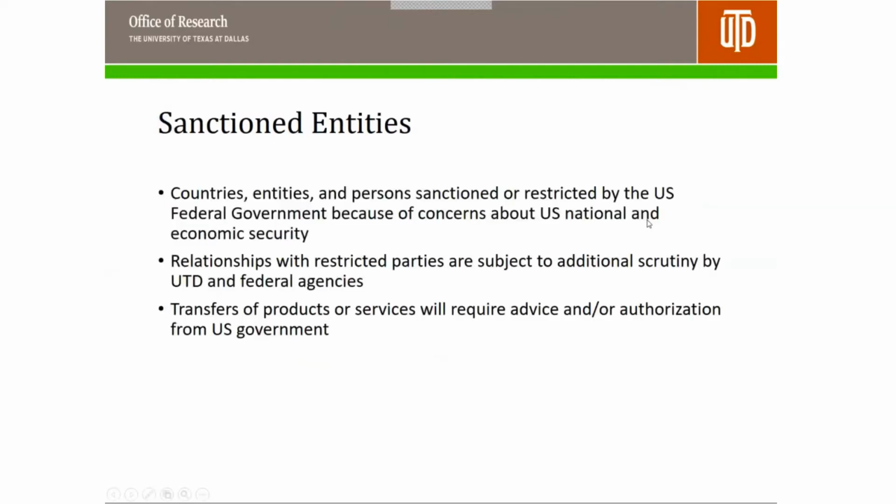So in terms of sanctioned entities, what I mean by that is a person or an entity, or in some cases a country, that is subject to certain rules or restrictions related to U.S. national and economic security that are imposed by the U.S. federal government.